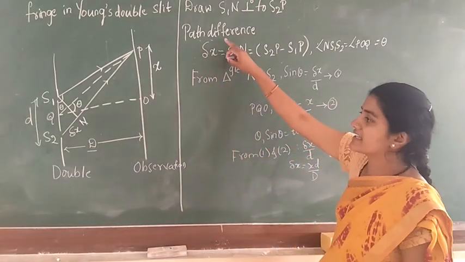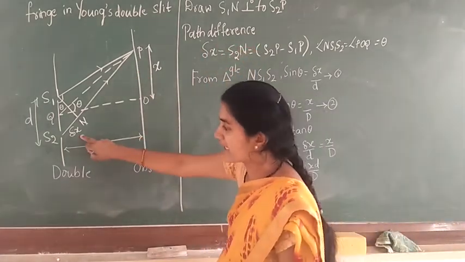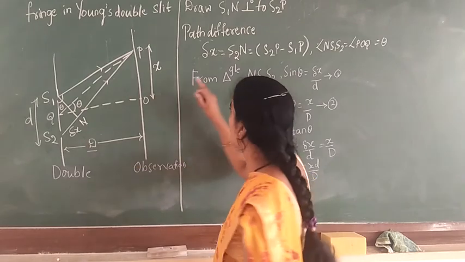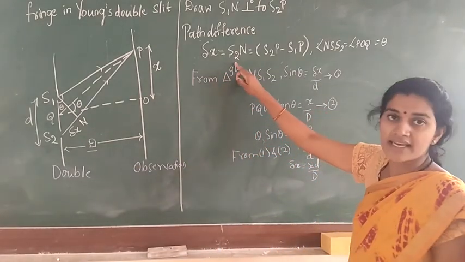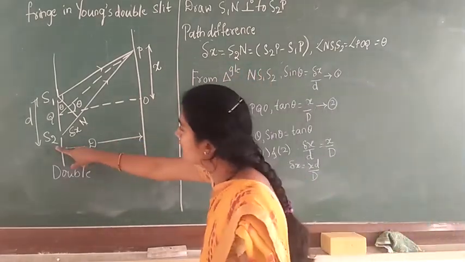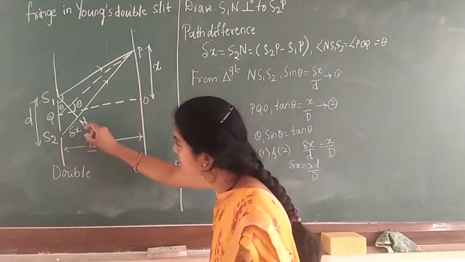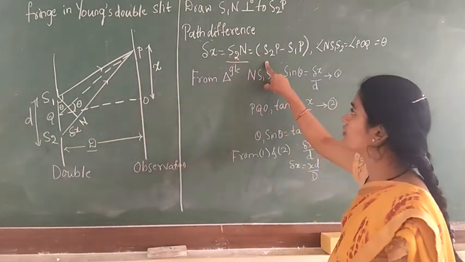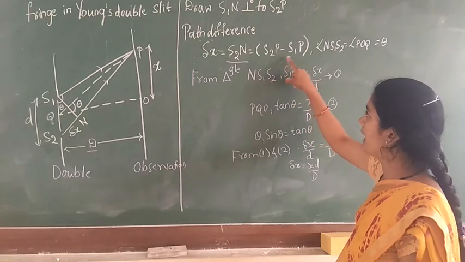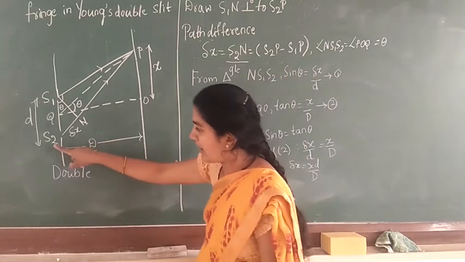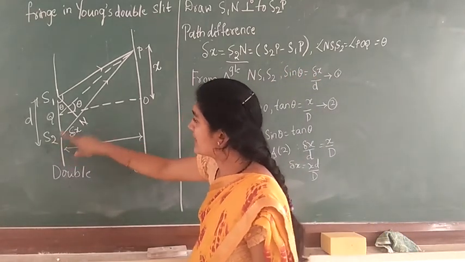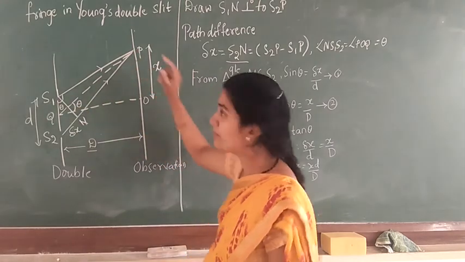Next, we are considering the path difference, that is delta x. Path difference delta x is equal to S2N. S2N is equal to S2P minus S1P.